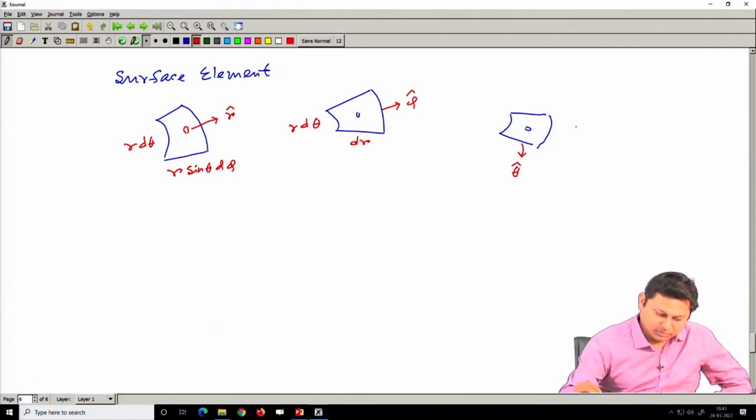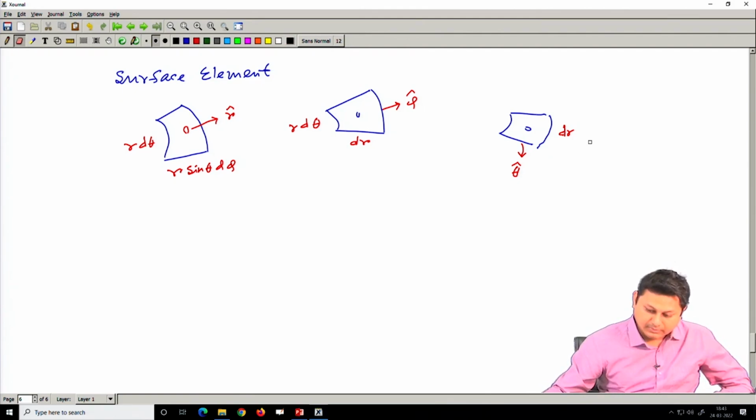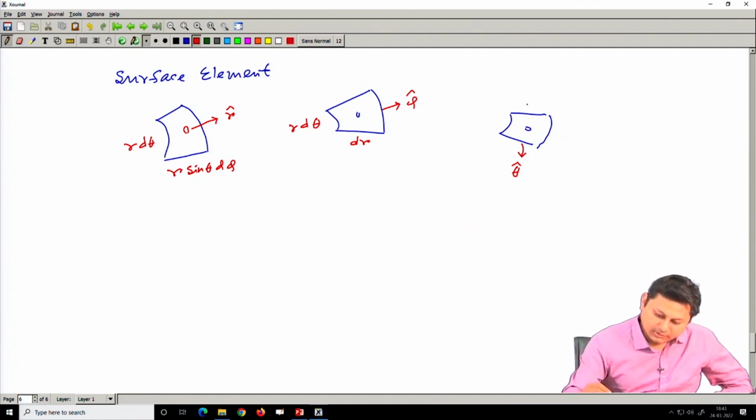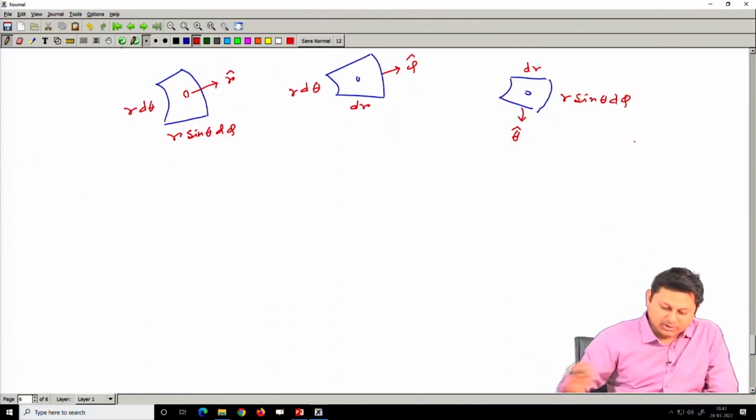One is dr, sorry, dr is this one, and this one is also dr, and this one is r sin theta d phi. So now you can calculate the volume surface element.